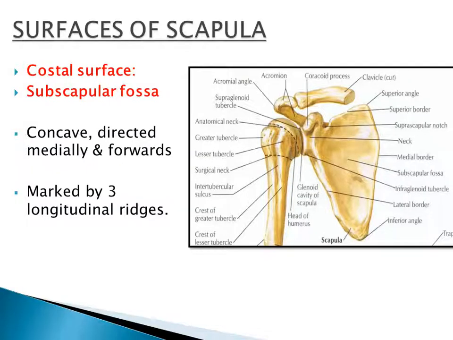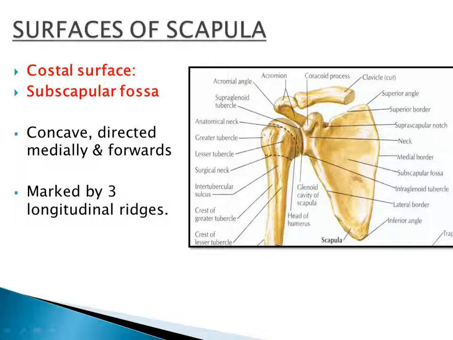Now the scapula has two surfaces. It has an anterior surface and a posterior surface. The anterior surface is towards the rib cage, so it is also called the costal surface.